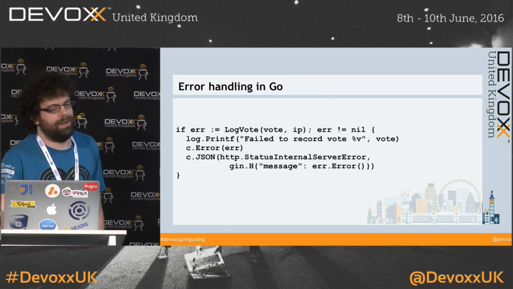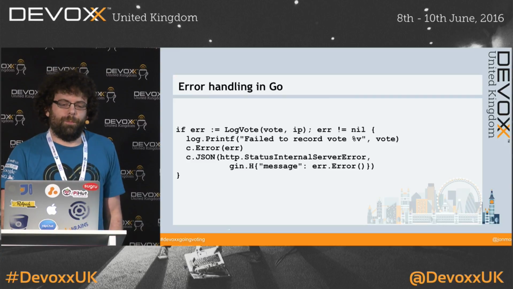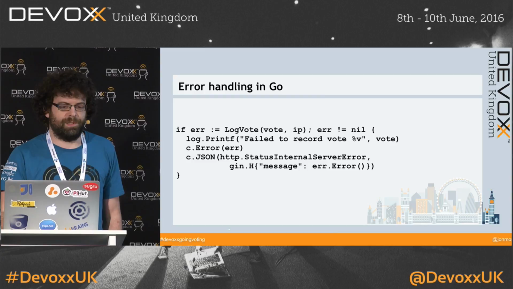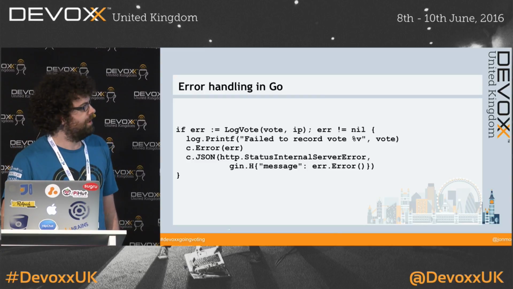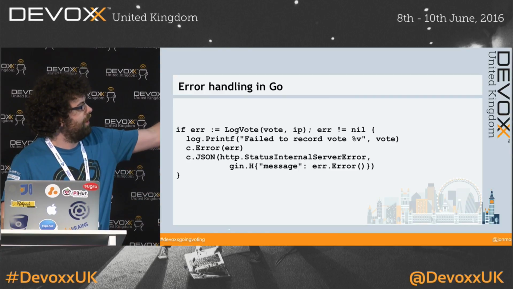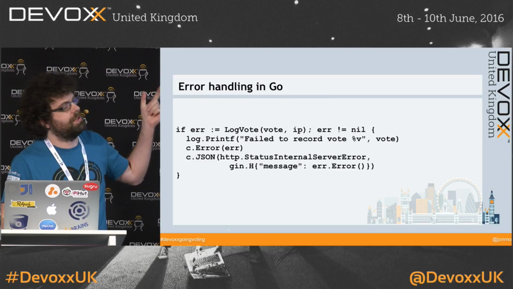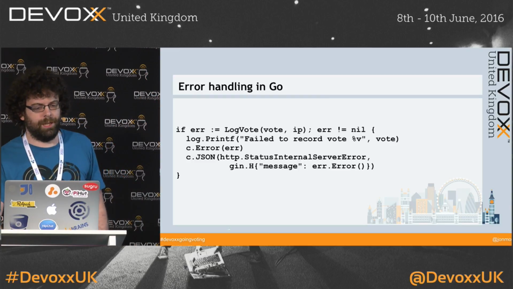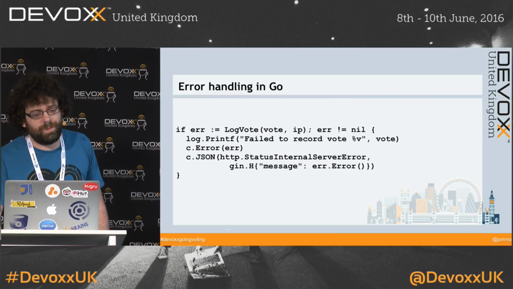So I mentioned error handling. Error handling in Go kind of obfuscates what's actually going on here. This is the code to log a vote, and the vote is in that if statement, and this is the idiomatic way of doing error handling in Go, as far as I understand it.